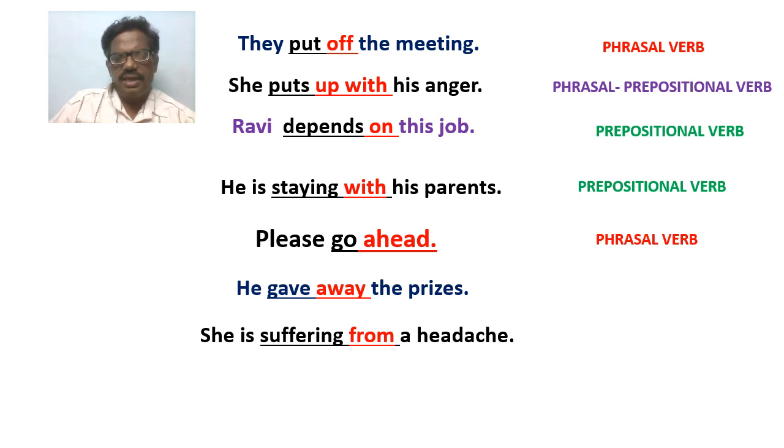And in the next sentence, the multi-word verb is called phrasal verb because here the particle can be separated and can be placed after the object, the praises. And in the last sentence, the multi-word verb is called prepositional verb because here the particle from cannot be separated, cannot be placed after the object, a headache.